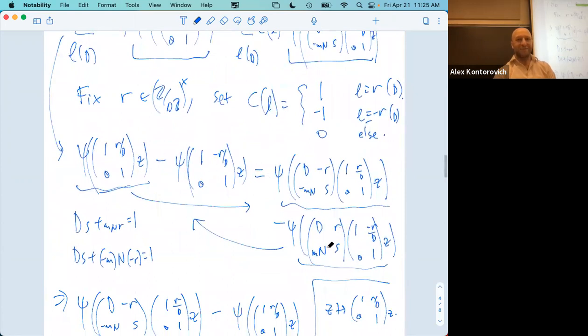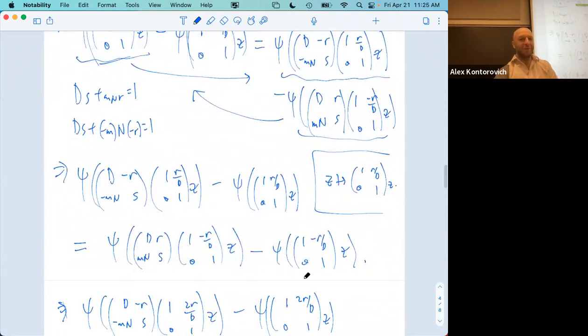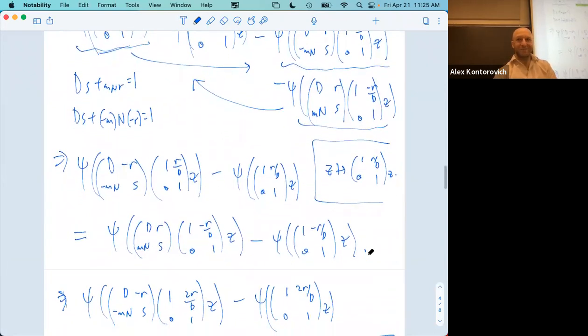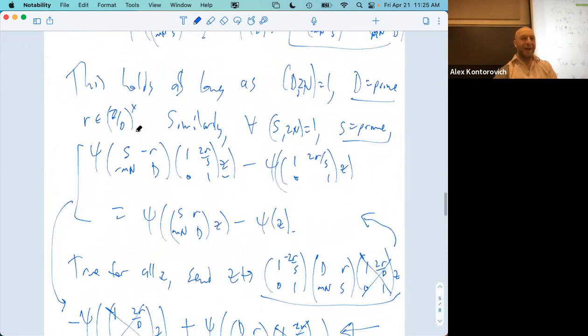This allowed us to play this matrix that we want to know we're invariant under against itself by setting up this difference that's supposed to be zero. We reversed the role of D and S and put an S on top and a D on bottom, and notice that those were inverses as long as r's are negated.